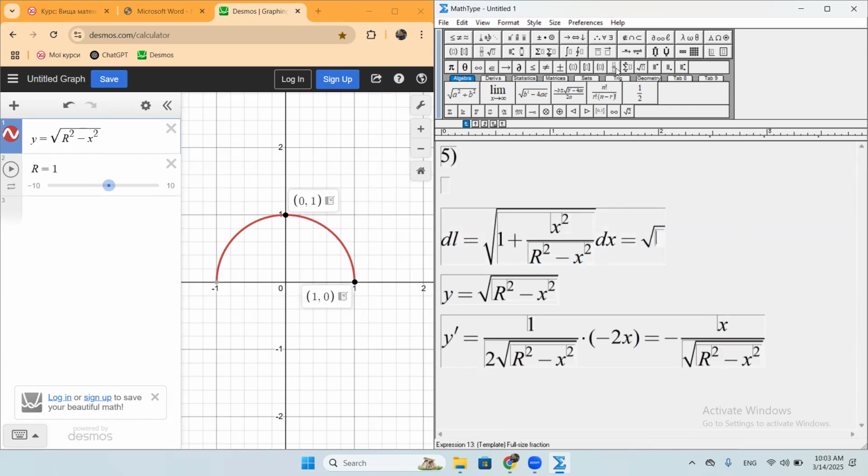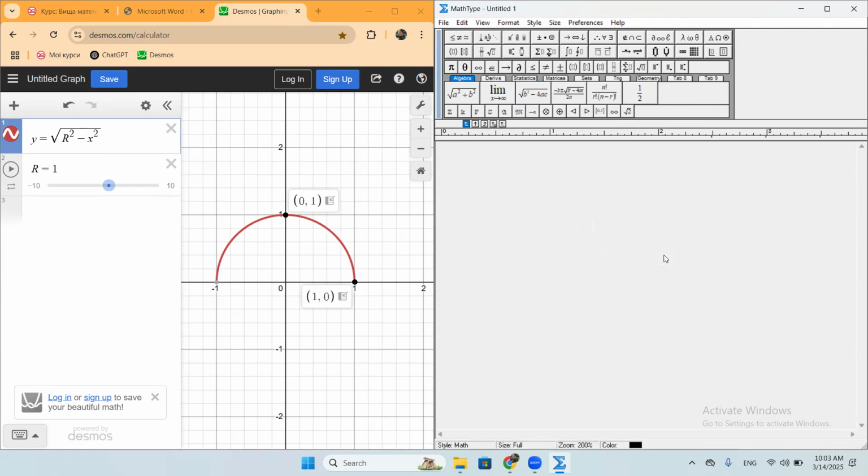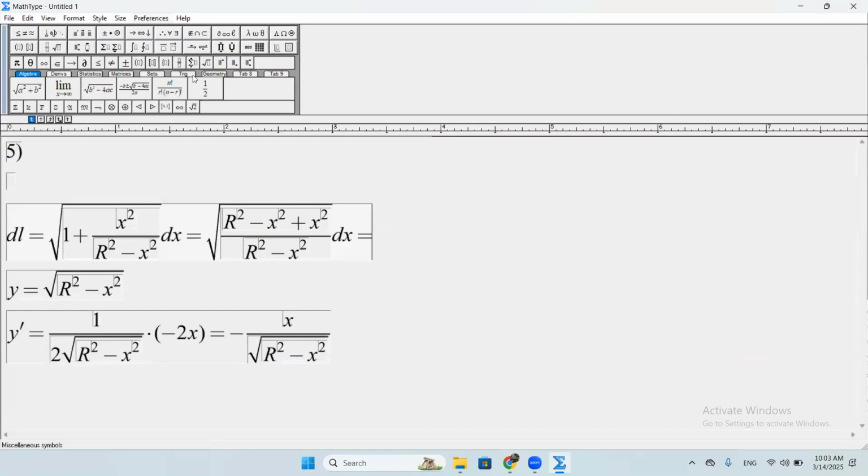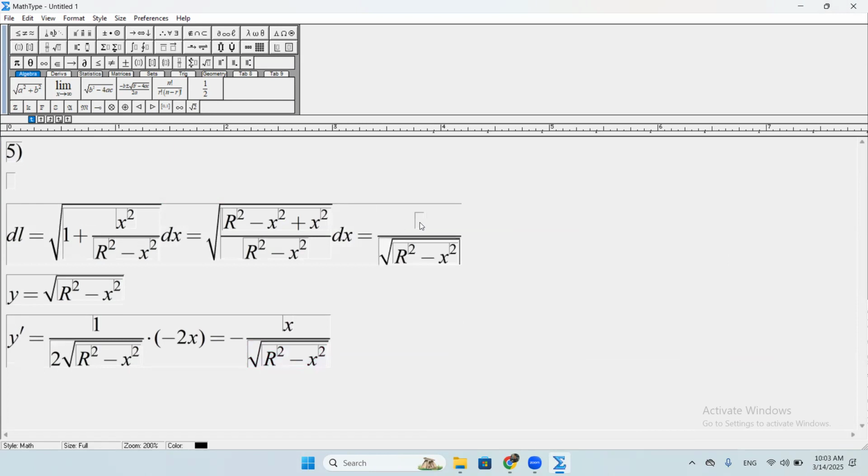So what will we receive? r minus x here, and here r minus x square plus x square dx. As the final form of this differential, square root of r minus x square and r, dx.